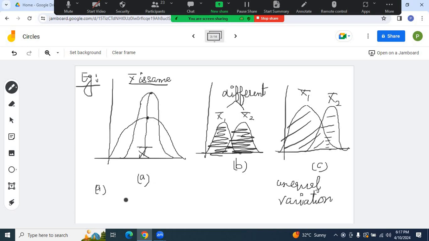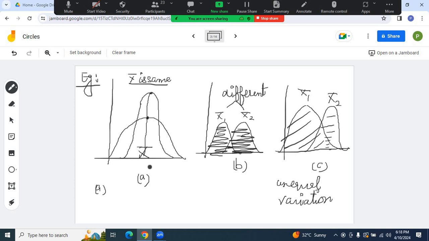With means we find the average of one series, but here we can find the variation in comparison. That means what is the dispersion for the first series, what is the dispersion for the second series. We can compare.